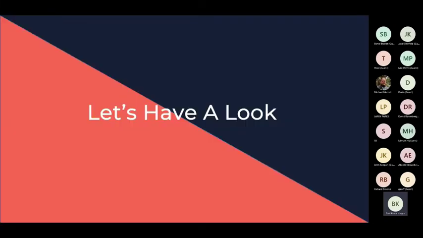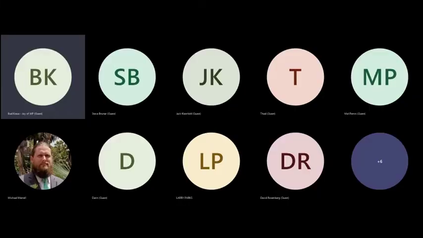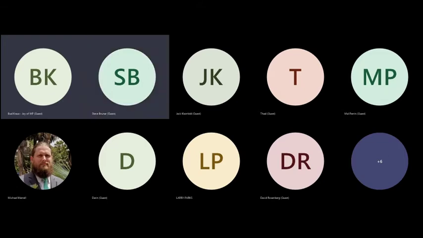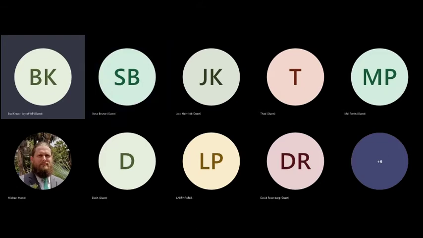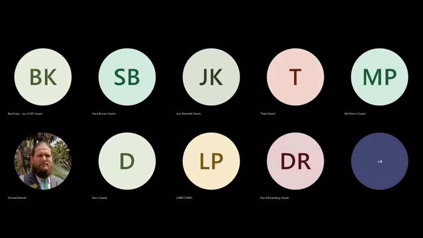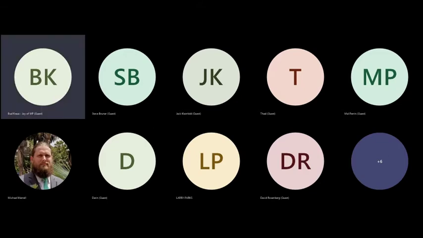Okay, so let's have a look. And for that, I probably have to share my screen again, or let me see. I have to go back. Let's try this. Steve, tell me if this is working or not. Can you see my screen? Can you see the WP admin? No. Okay, so now I have to go back to the fancy Teams, and I'm going to, let's try. I don't know.